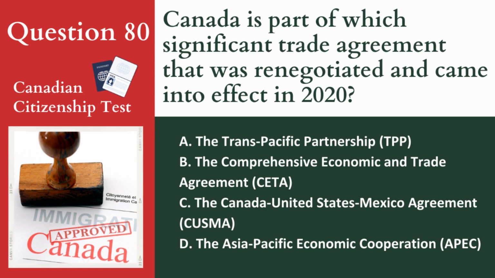Question 80. Canada is part of which significant trade agreement that was renegotiated and came into effect in 2020? A. The Trans-Pacific Partnership, TPP. B. The Comprehensive Economic and Trade Agreement, CETA. C. The Canada-United States-Mexico Agreement, USMA.